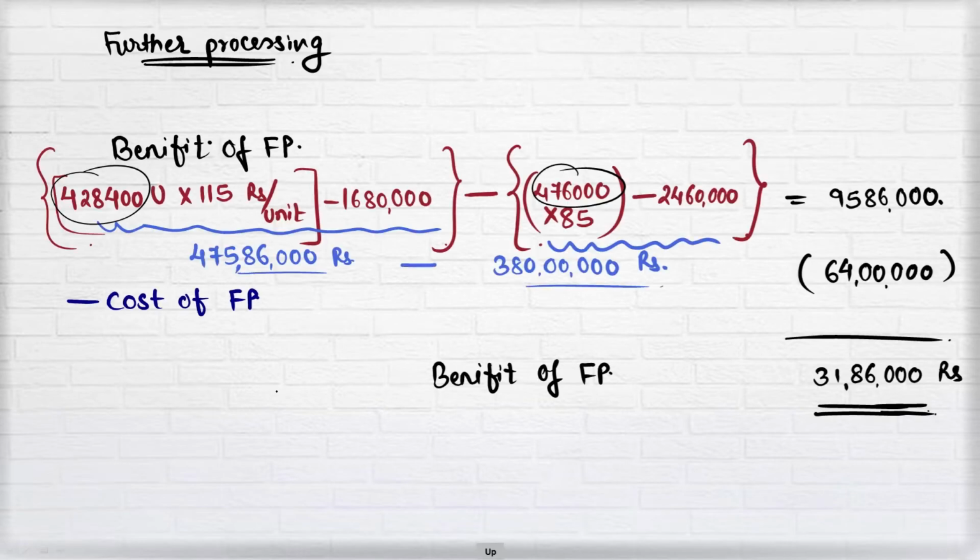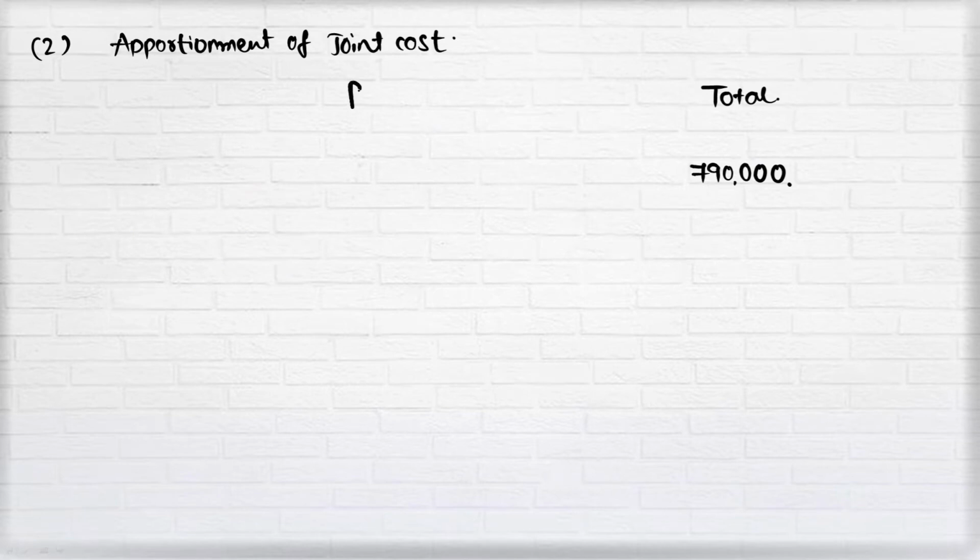It should be distributed to P and Q. Should it not be distributed to AR and Q? No. Joint cost will be apportioned to P and Q only. It will never be apportioned to AR and Q, right?